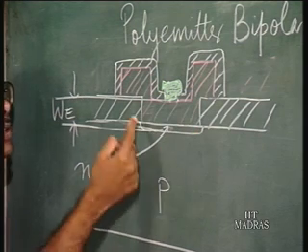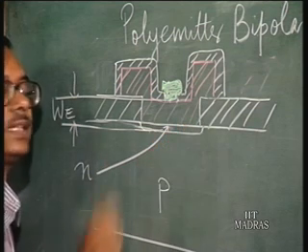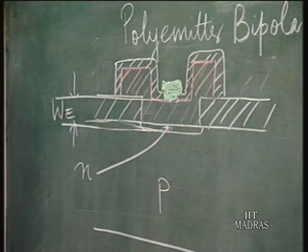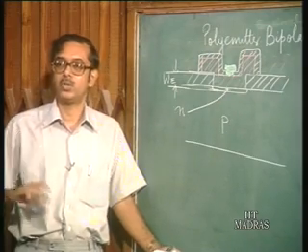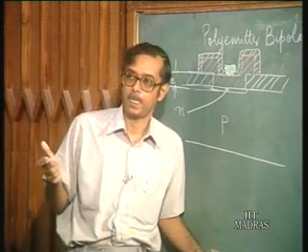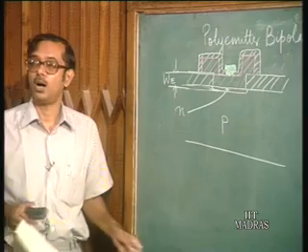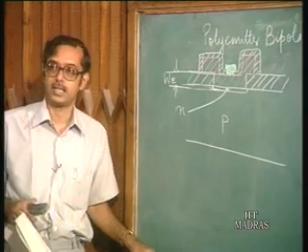So, this you see is very small. The part of the junction inside silicon is very small. So, the peripheral component of the capacitance is virtually eliminated. Okay. So, you have a high speed transistor as well as a high beta. Okay. So, this is the emitter base structure of a polyemitter transistor.